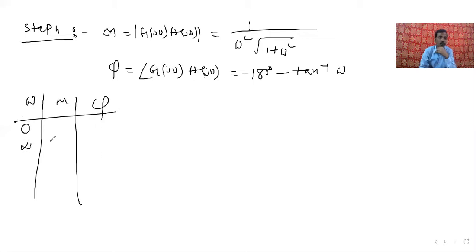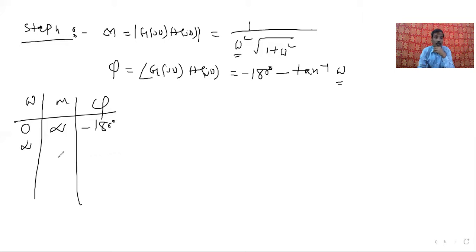First value always 0 and last value infinity. So first put omega equals 0: something by 0 is infinity, and then the phase is minus 180 degree. For type 2 system, it always starts from minus 180 degree.